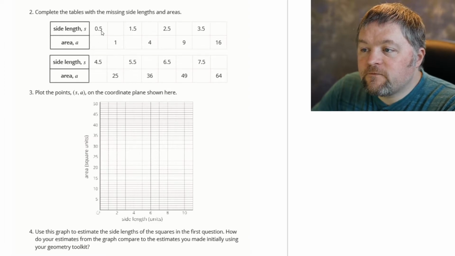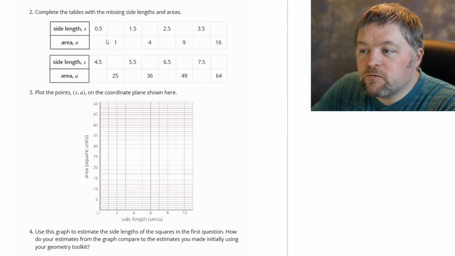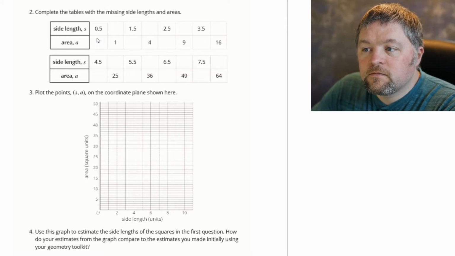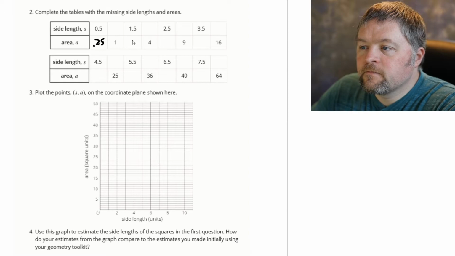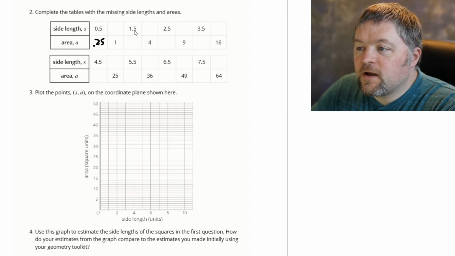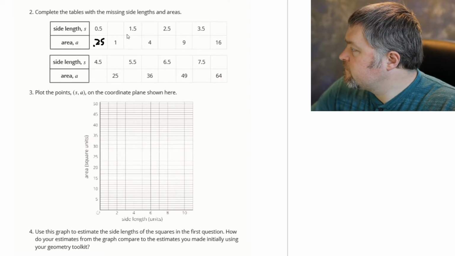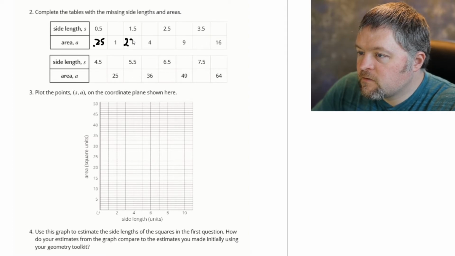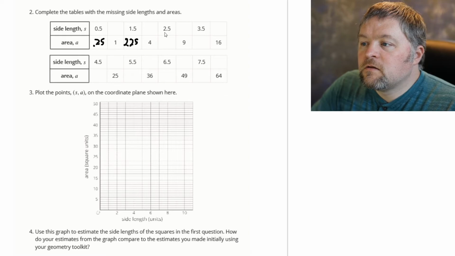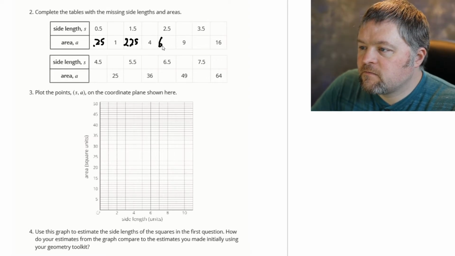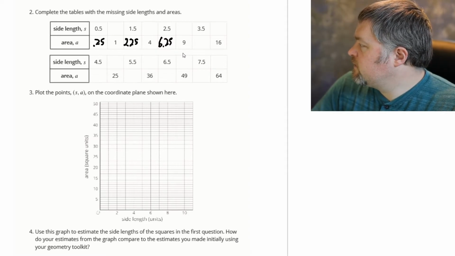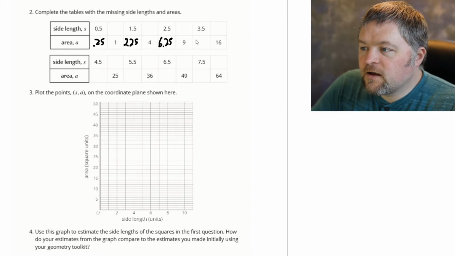Well, if the side length is 0.5, if the side length is 1/2, the area is 0.5 squared. 1/2 times 1/2 is 1/4, or 0.25. 1.5 squared is 2.25. 2.5 squared is 6.25. 3.5 squared is 12.25.